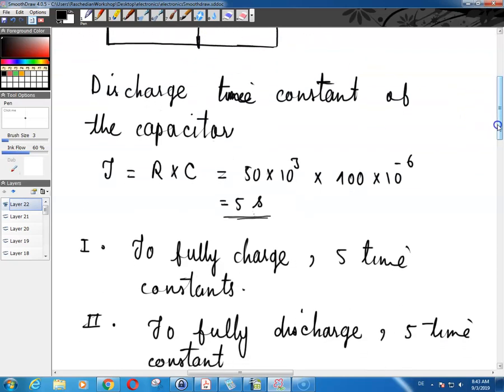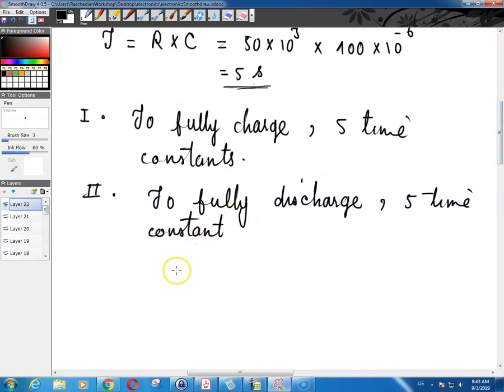So 5 times 5 seconds would be equal to 25 seconds. And you see that 25 seconds is 1/2 of 50 seconds, which was the time it took the capacitor to charge.